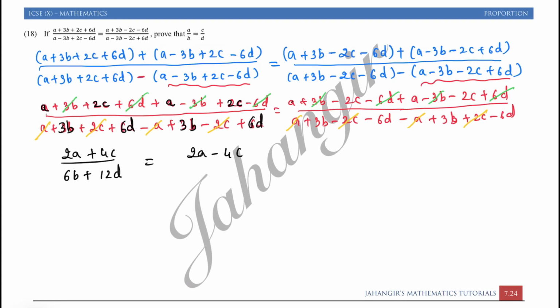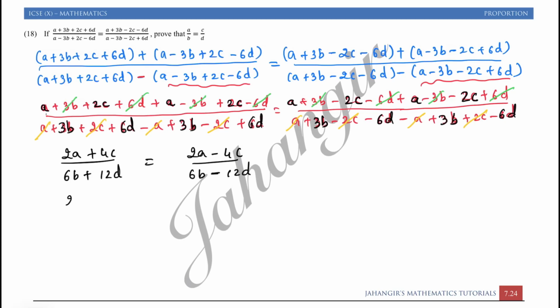If you check, a is 2a, minus 2c minus 2c is minus 4c upon 3b, 3b is 6b, minus 6d, and 6d is minus 12d.